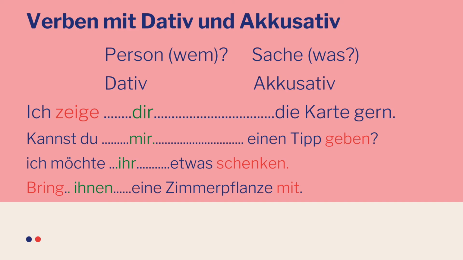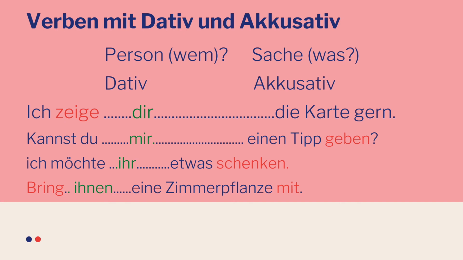Dir is you, so dir is dative here. It answers the question whom. Die Karte is accusative, means what. So zeige what, show what, die Karte. Show to whom, show it to you, so dir.